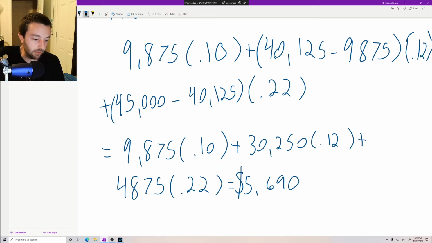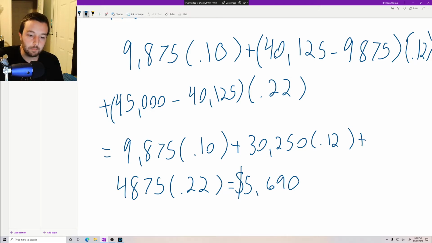The effective tax rate here would be 12.6%, because you just take that 5,690 divided by 45,000.